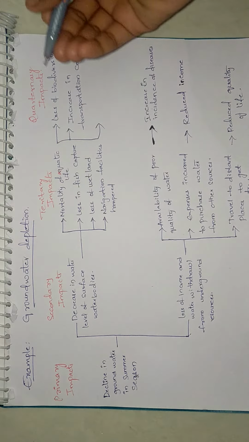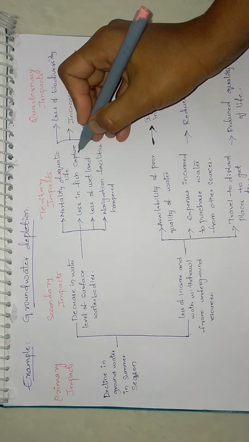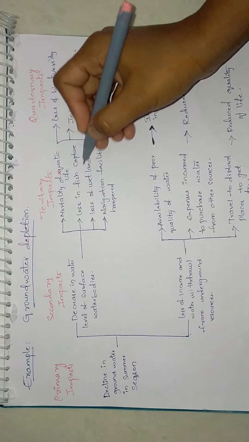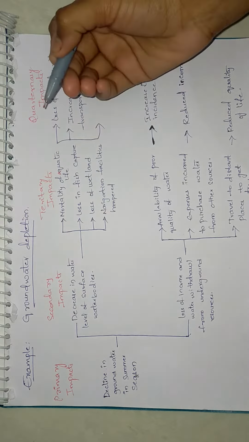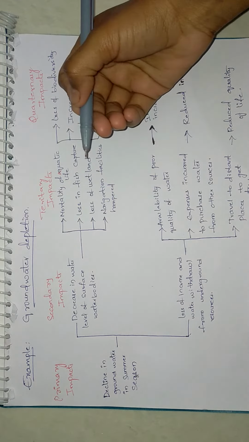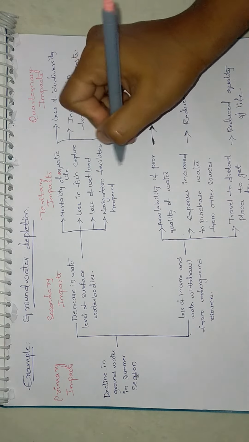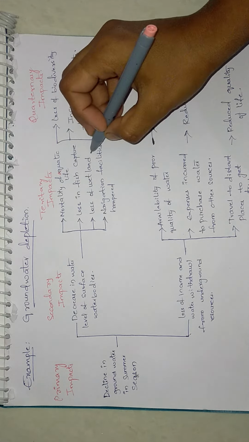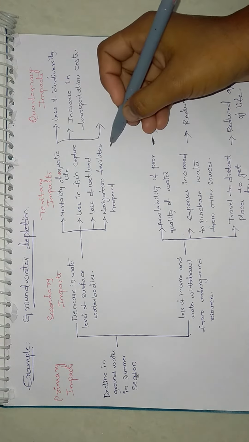So the movement will take place, and there is loss of fish capture. If all the animals inside the water are moving away, where can the fishermen capture fish? They can't do it, right? So loss of fish, loss of wetland, and navigation facilities hampered.